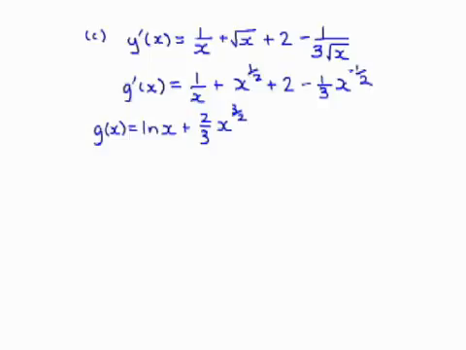I add to that 2x. That's what I get when I take the antiderivative of 2. And I subtract from that, well, my old exponent for x was a negative 1/2. I increase that by 1. So that means my new exponent is a positive 1/2.